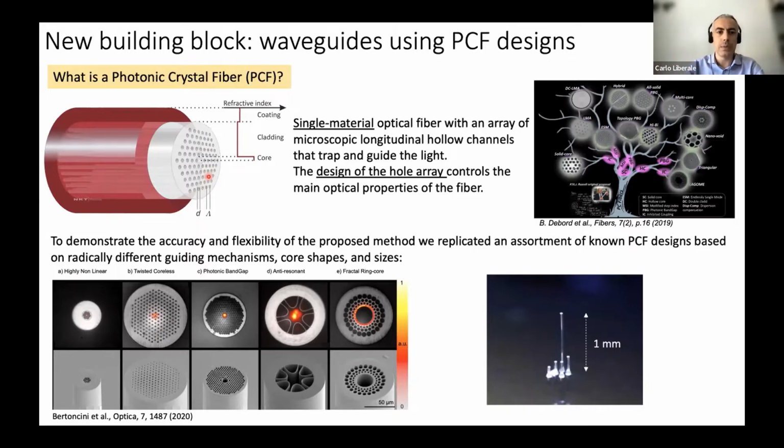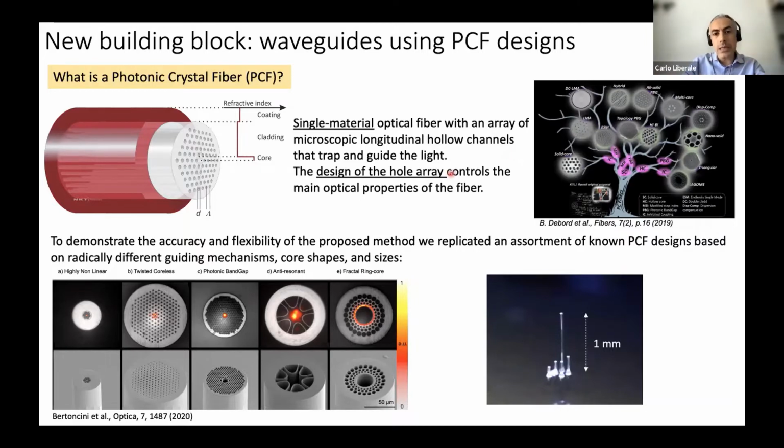This effect was explained by different mechanisms. I won't go into detail on this, but the interesting thing is that in this very nice recent review, you can see how this idea has branched into many different structures with very different properties, because this kind of fiber allows you to create special properties that are not possible with the normal optical fiber, like super high birefringence, or a very tiny core with very high nonlinear refractive index, so very high nonlinear effects, and so forth.